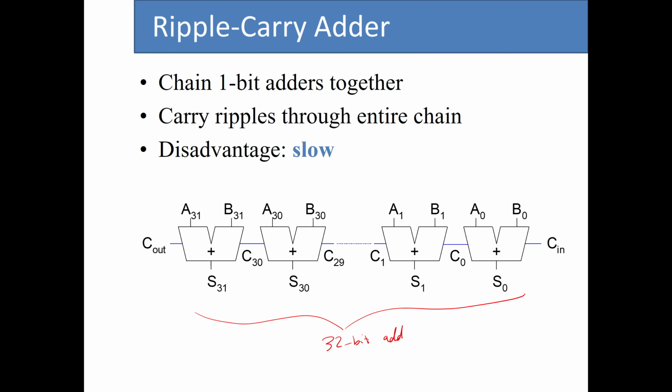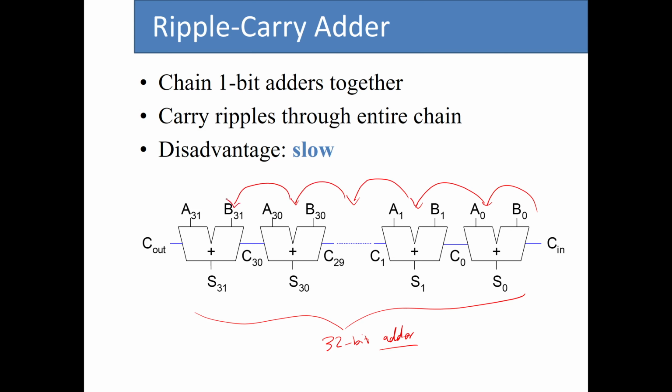And that is because each one of these can produce a result, but also the final result depends on the carry from the previous stage. And as you can see, this carry is basically rippling through each one of these levels. And that is why this is called a ripple carry.